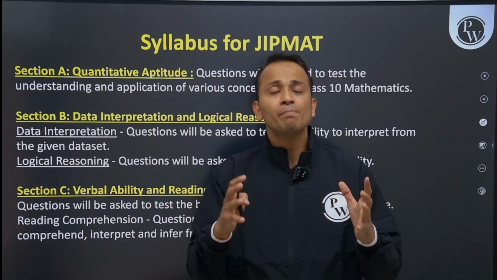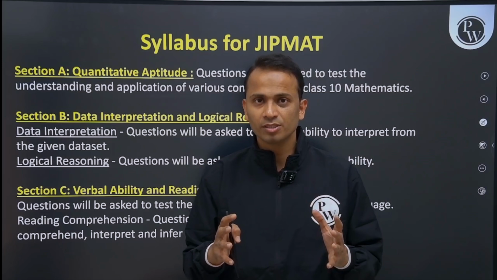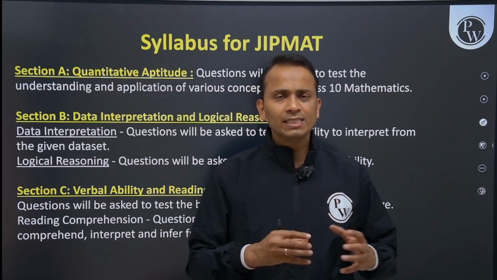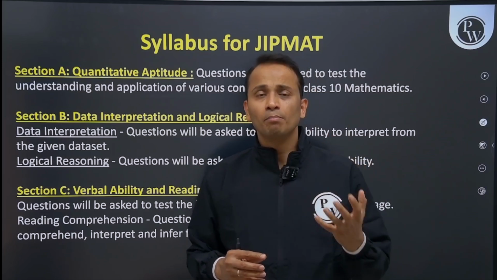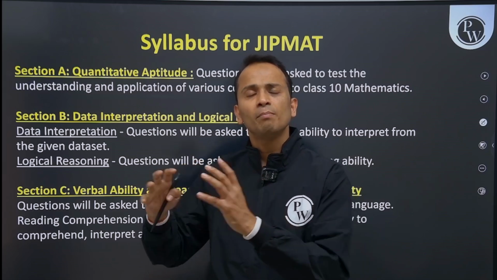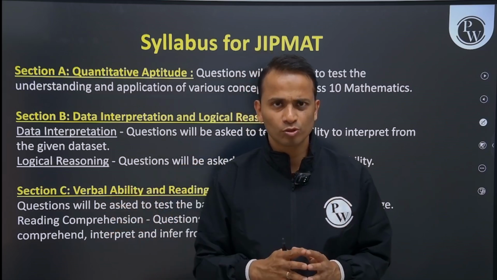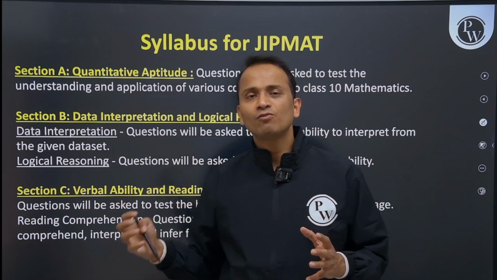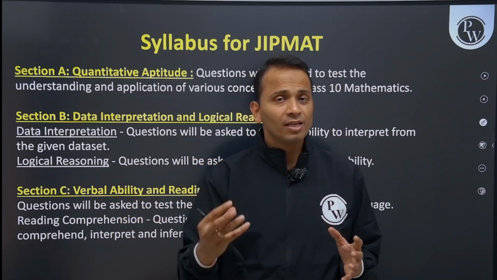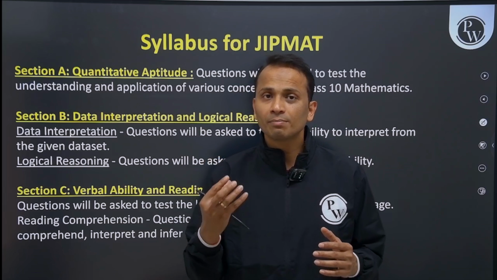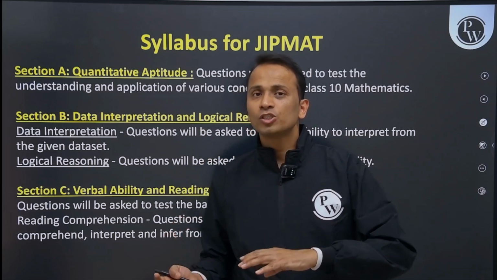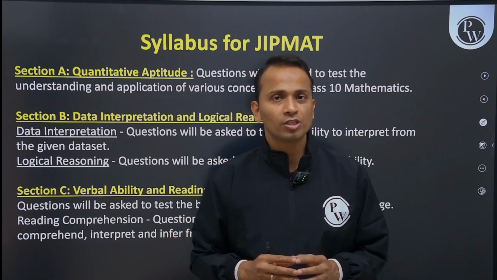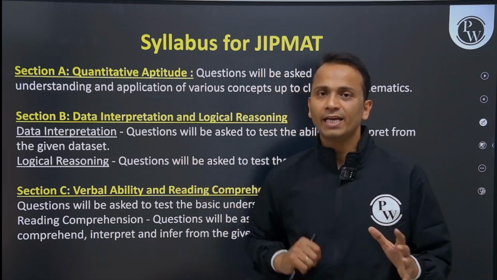Some mathematical data in the form of numbers will be given to you, and this data can be in the form of tables, bar graphs, line charts, pie charts, and so on and so forth. You'll have to read this data, interpret it, and then answer the mathematical questions, the questions which will involve some calculations, and these questions will be asked from that data that was given to you earlier. So this is data interpretation.